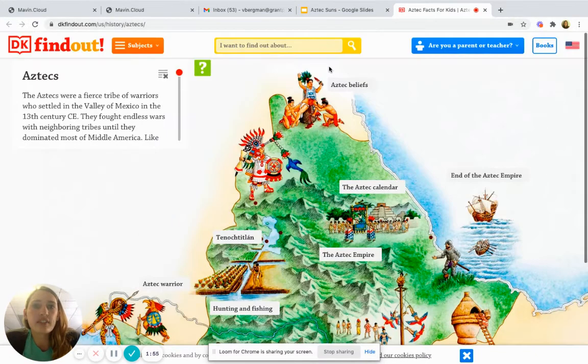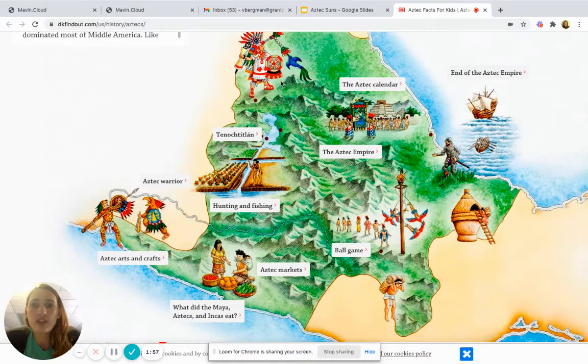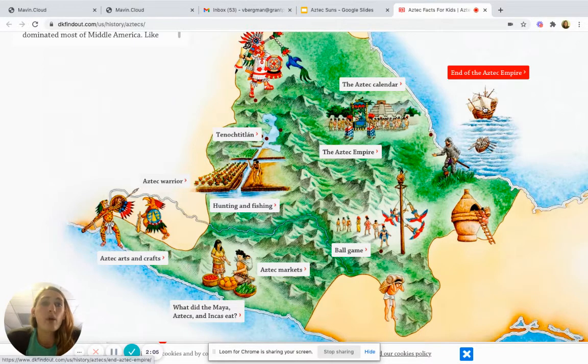So there's lots of different things you can learn about: Aztec beliefs, an Aztec warrior, Aztec arts and crafts, Aztec markets, what did they eat, what did they play, how did the Aztec Empire end, right? Obviously, there is not still a part of Mexico called the Aztec Empire, so it ended somehow. So if you're interested in that, you can go ahead and explore that.